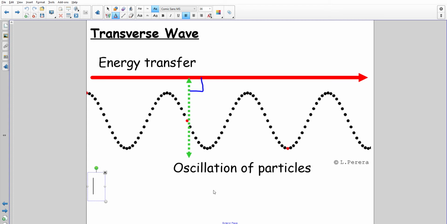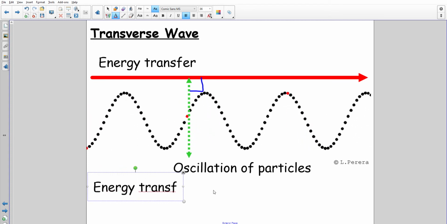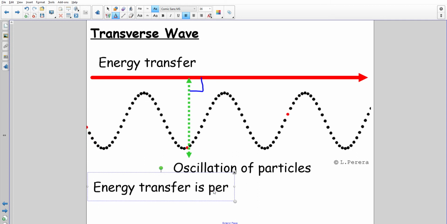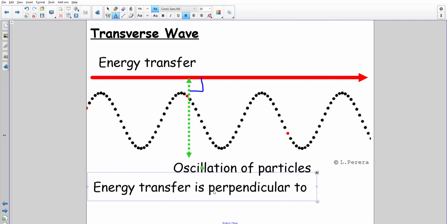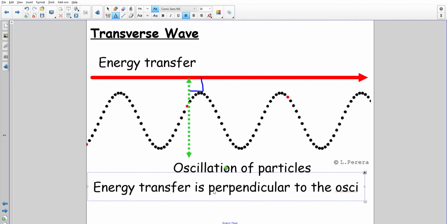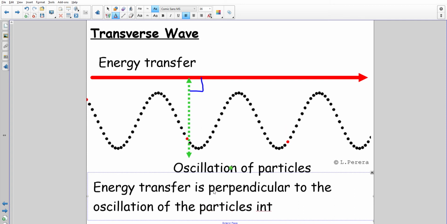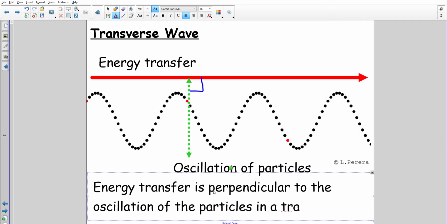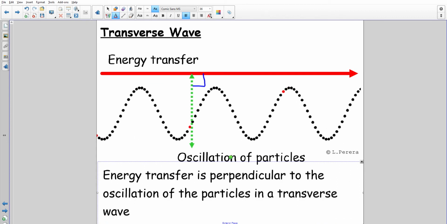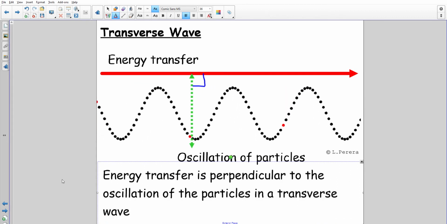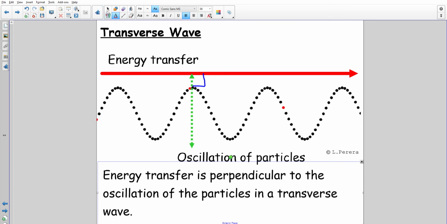To write that out and make it really clear: energy transfer is perpendicular to the oscillation of particles in a transverse wave. That little sentence is what you really need to remember.